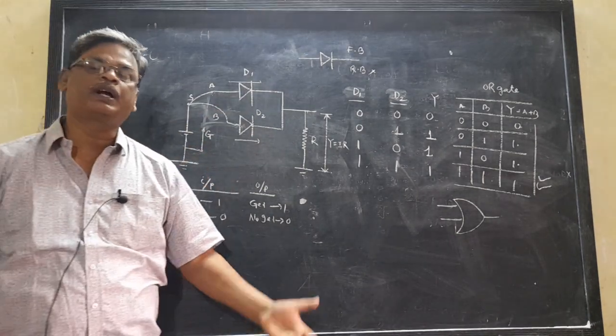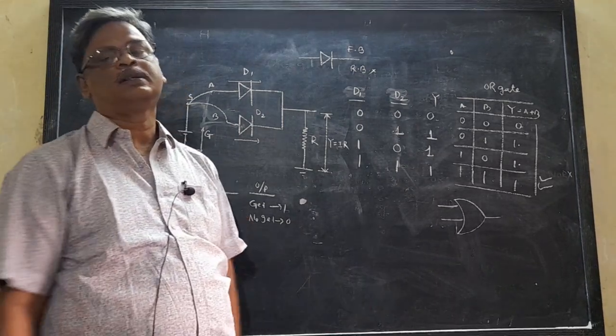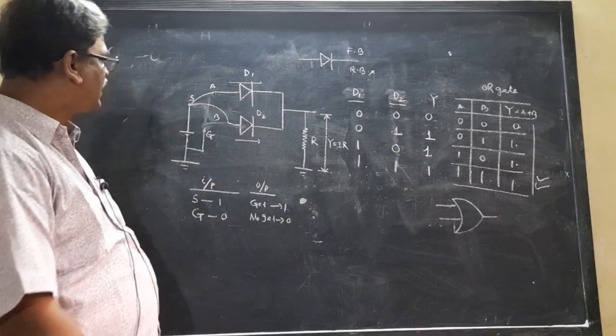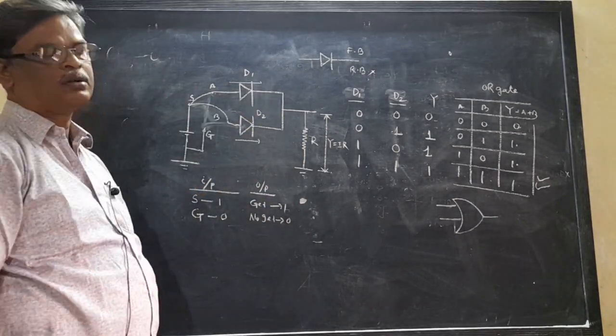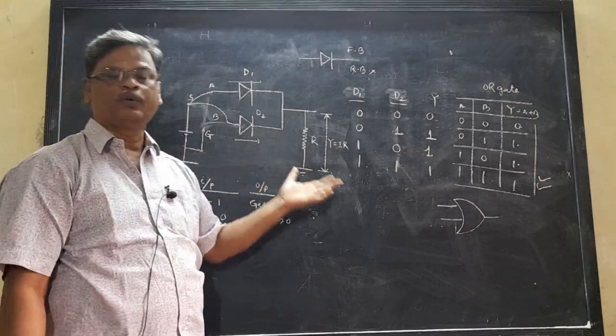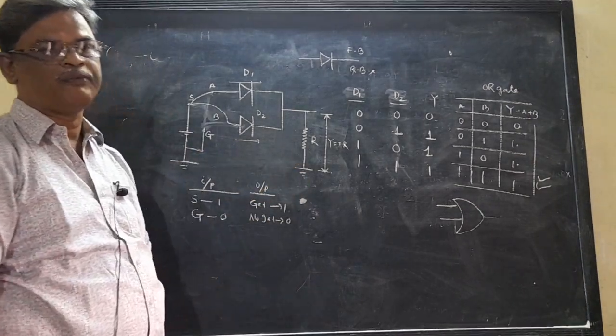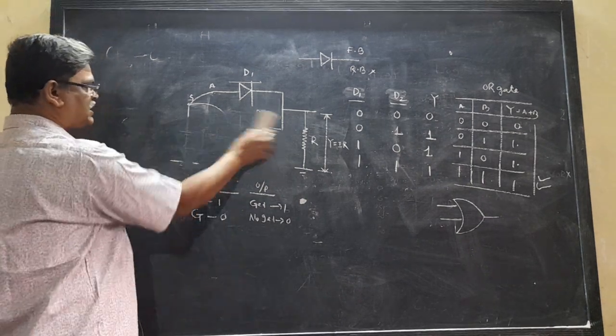Where you use a semiconductor, that is electronic, and where you use a conductor, that is electric. Therefore, this is the equivalent electronic circuit of the OR gate. Clear?